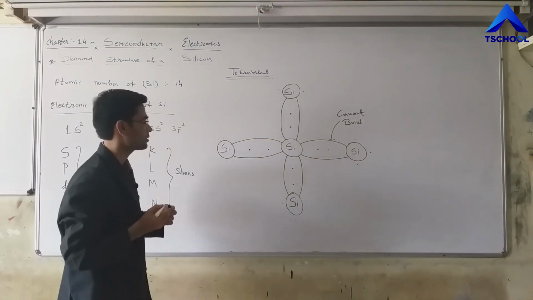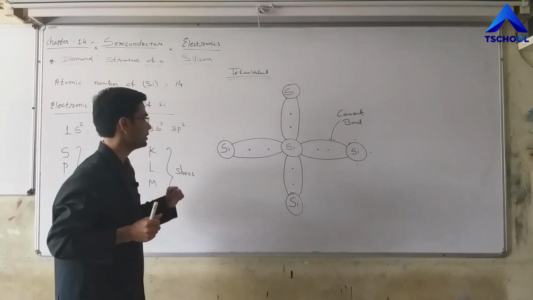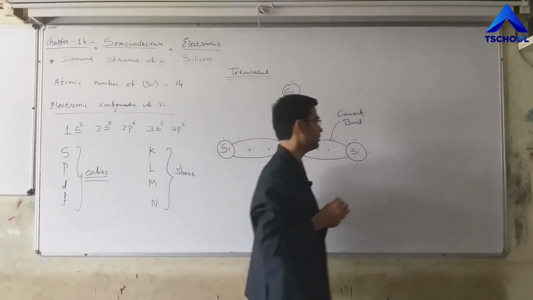Now the question arises: why does silicon have a diamond structure? A silicon atom has a diamond structure. Now we can see it in 3D.